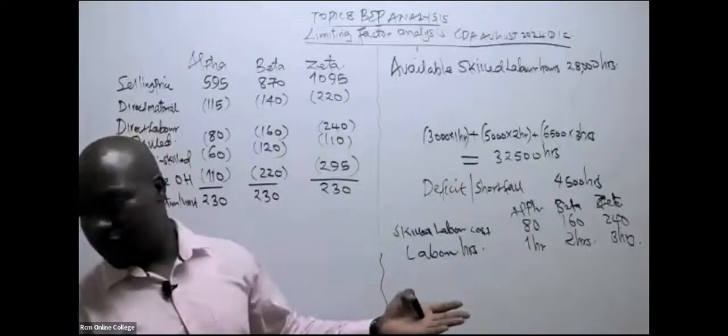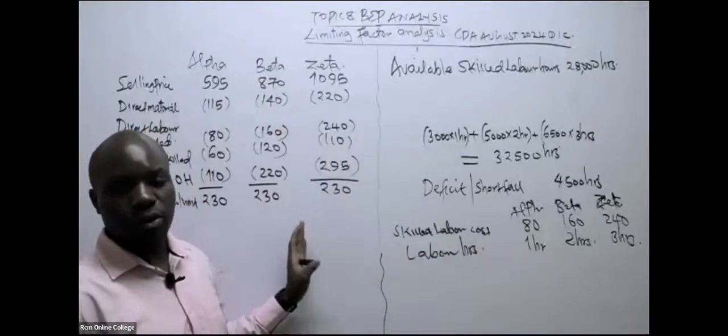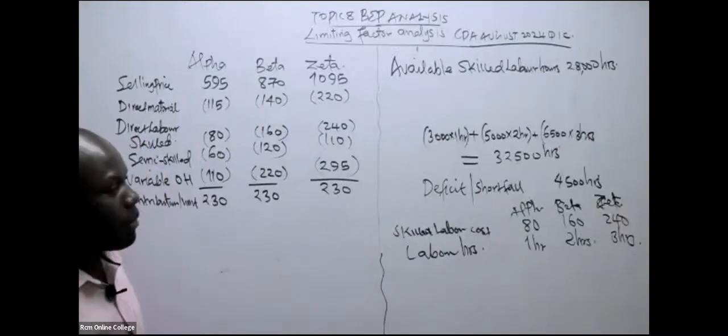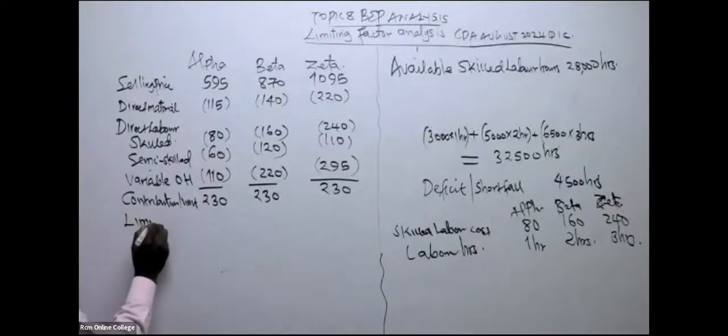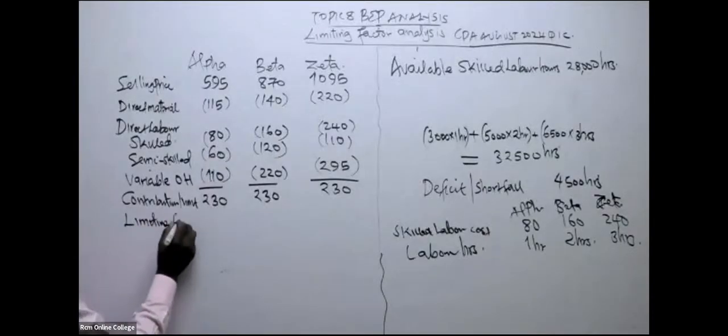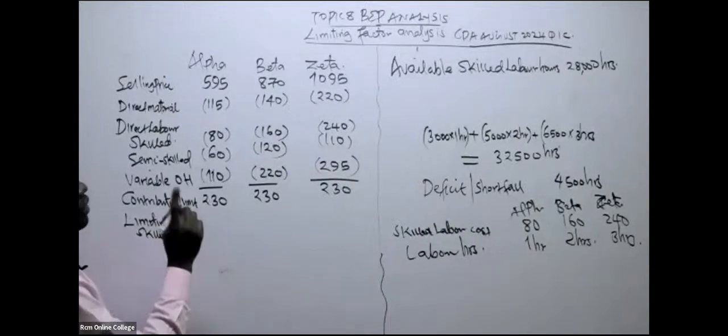Great. That is it. Now, for us to rank these products based on profitability, I must consider the limiting factor per unit. Our limiting factor here is skilled labor hours.